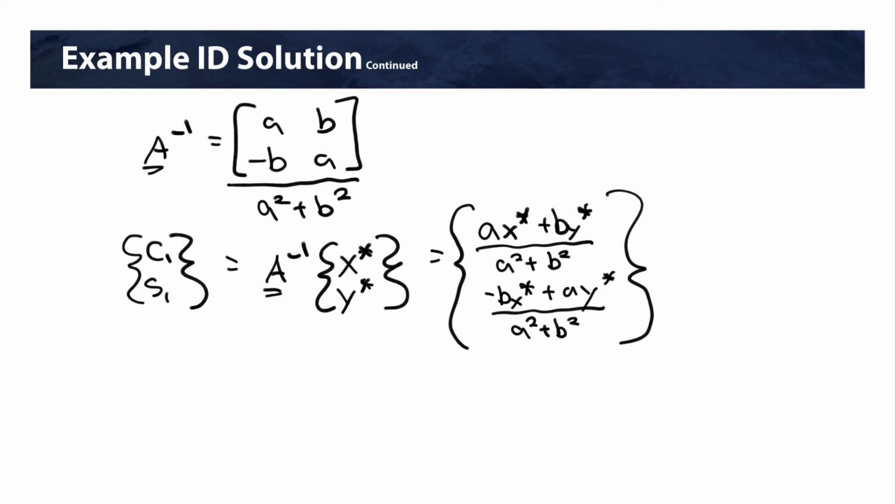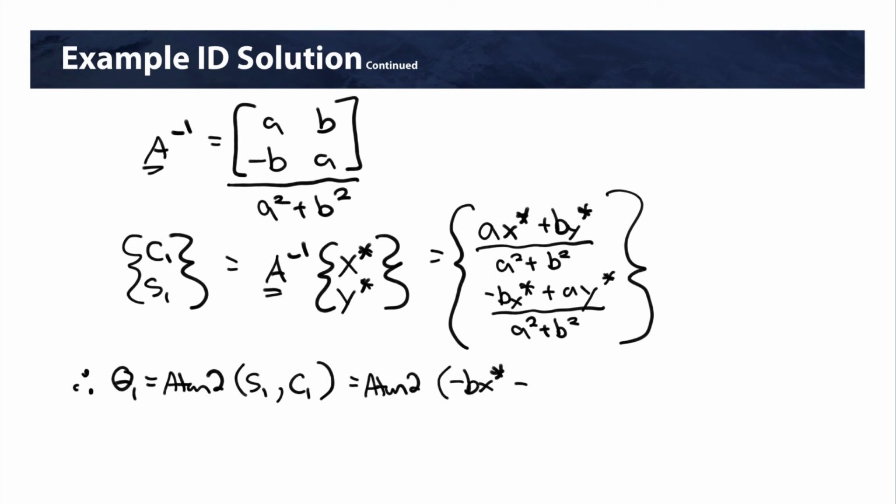Now we can solve for theta 1. It's going to be the arctan2 of S1, C1, which is the arctan2 of minus B x star plus A y star, and A x star plus B y star. We can substitute A and B back into these equations.